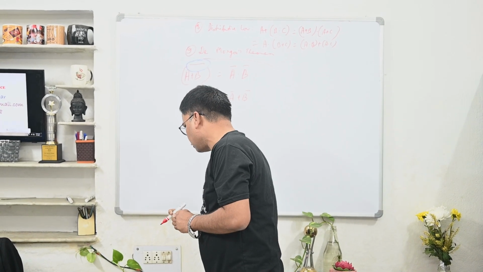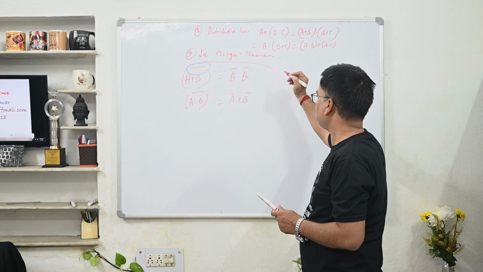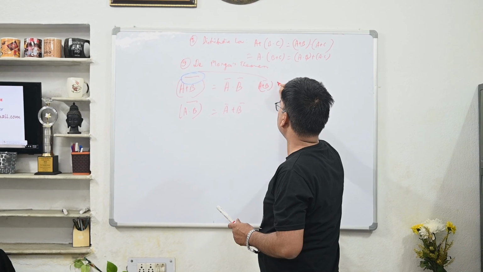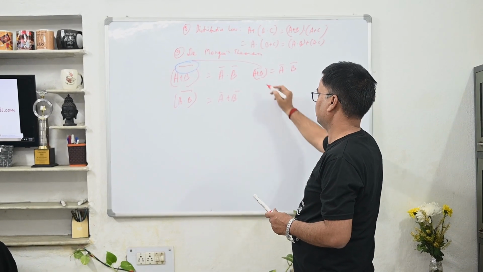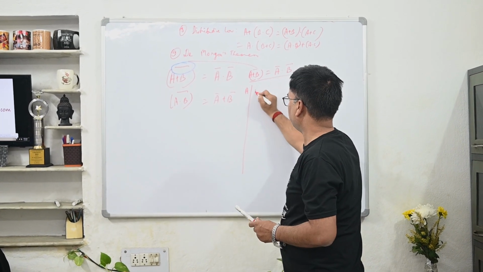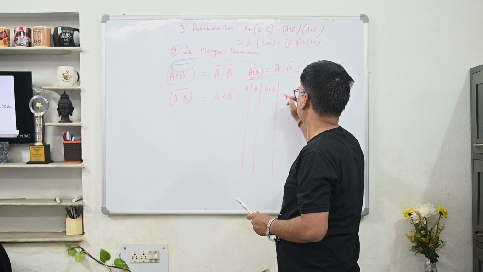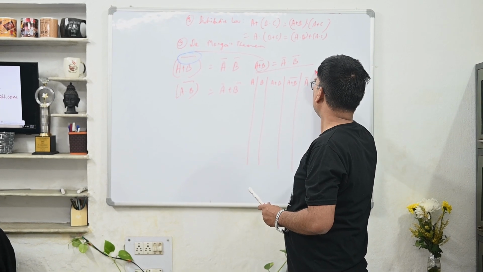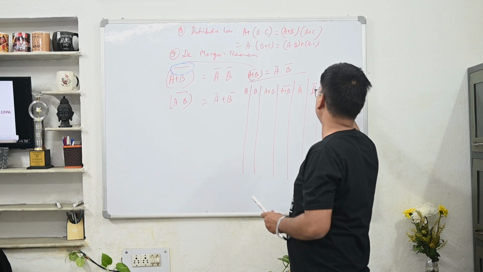Sometimes you can also be asked to prove a theorem or a statement. If I have to prove A plus B bar is equal to A bar dot B bar, again I will make a truth table with columns A, B, A plus B, A plus B bar, A bar, B bar, and A bar dot B bar.